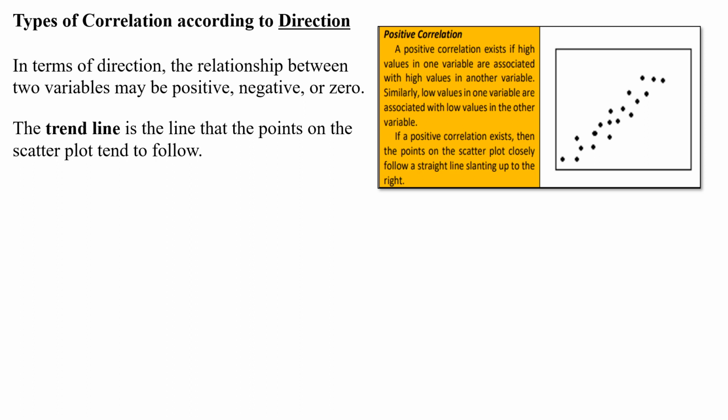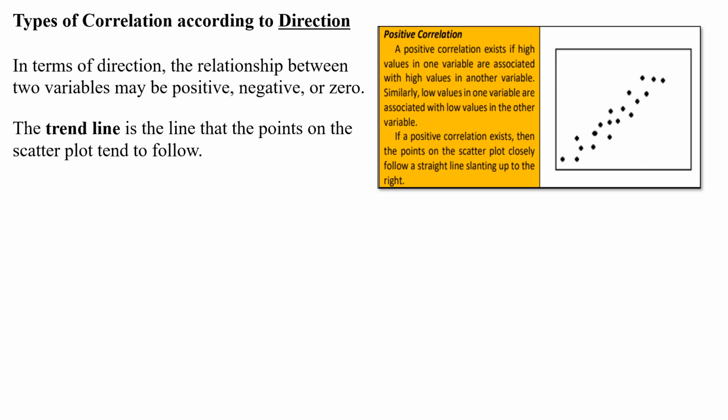O kaya naman, pag mababa yung isang variable, then yung another variable is mababa din. Okay, so if a positive correlation exists, then the points on the scatter plot closely follow a straight line slanting up to the right. Okay, so kung mapapansin, yung points is rising to the right, meaning it's positive correlation.